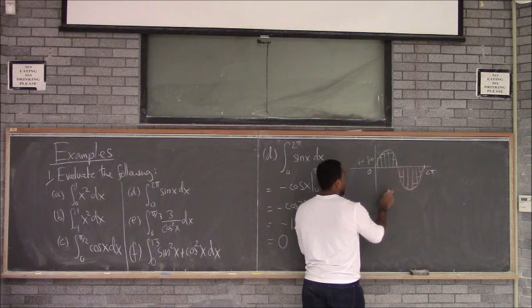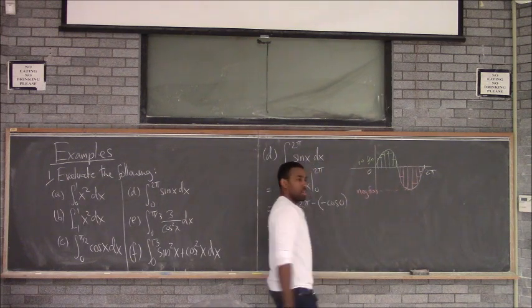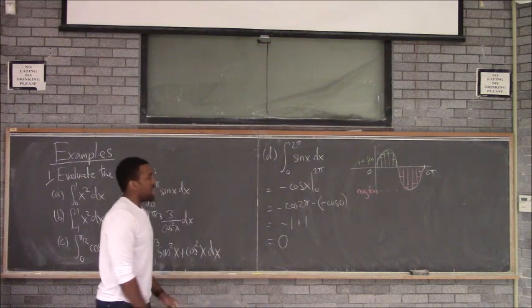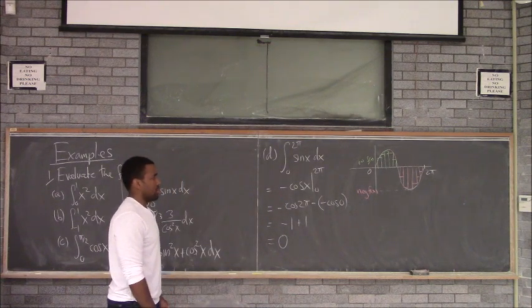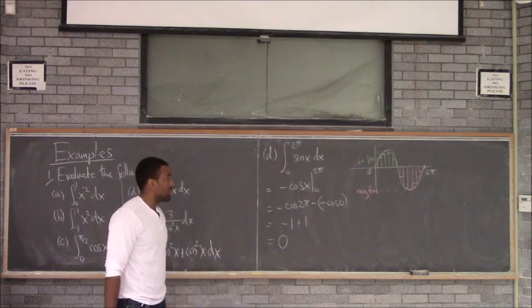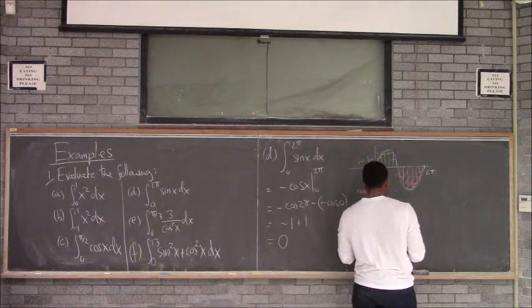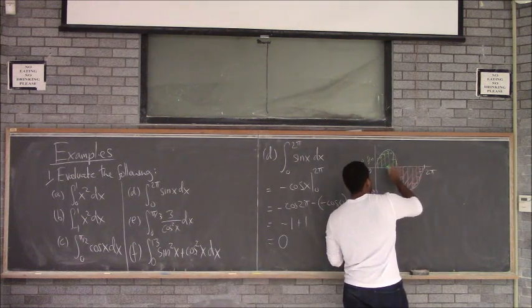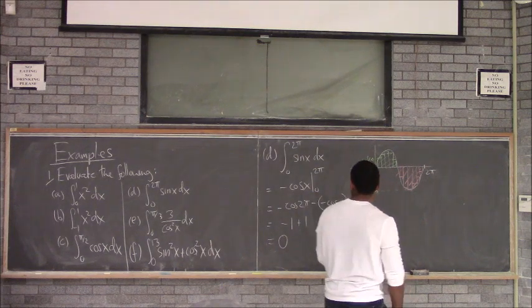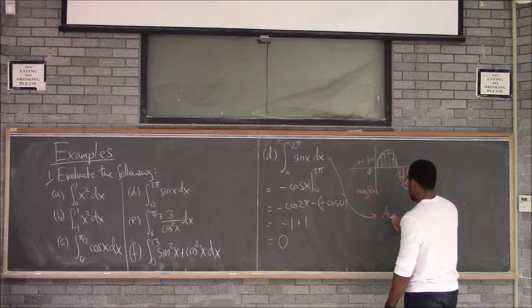And you'll notice that the height of those guys will be negative. So it turns out when you actually have a Riemann sum on a function that is below the x-axis, it will actually return a negative area. So the area here is going to be the negative version of the area there.